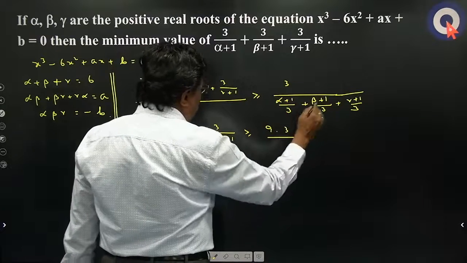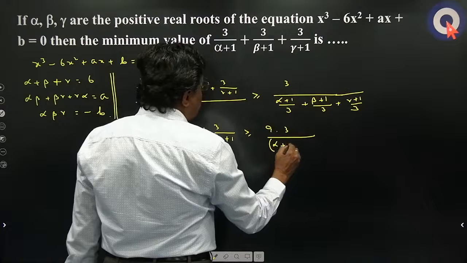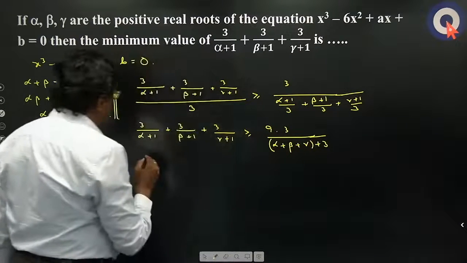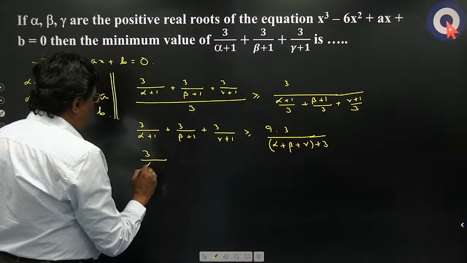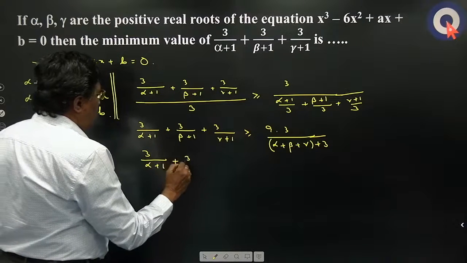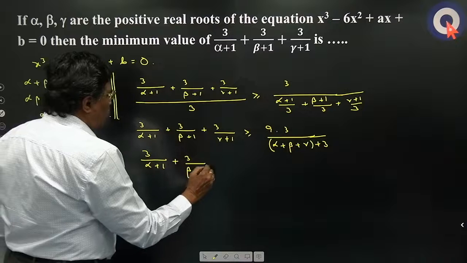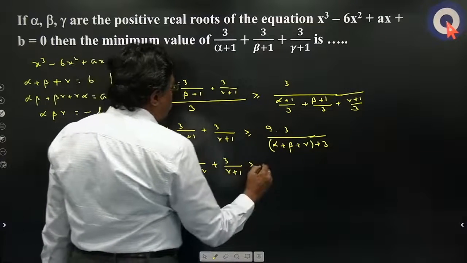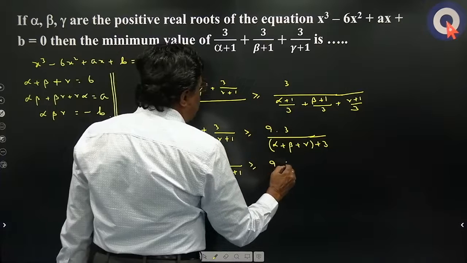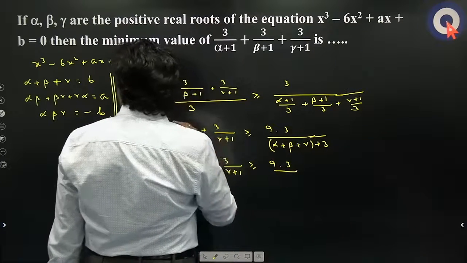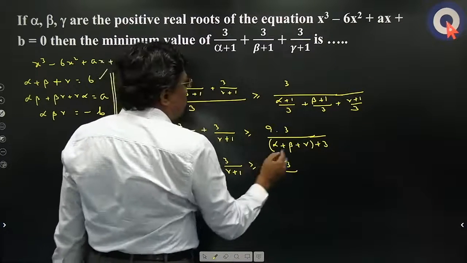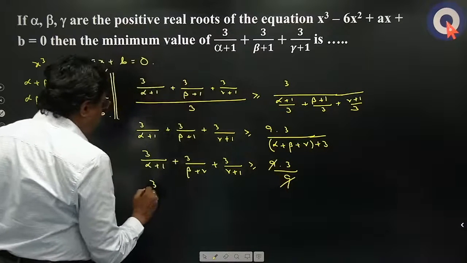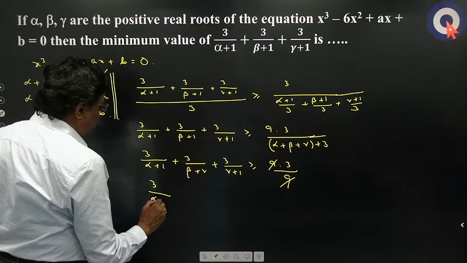You have alpha plus beta plus gamma plus 3. So this is becoming 9 into 3 by alpha plus beta plus gamma, we have 6. So 6 plus 3, 9. So this is cancelled.